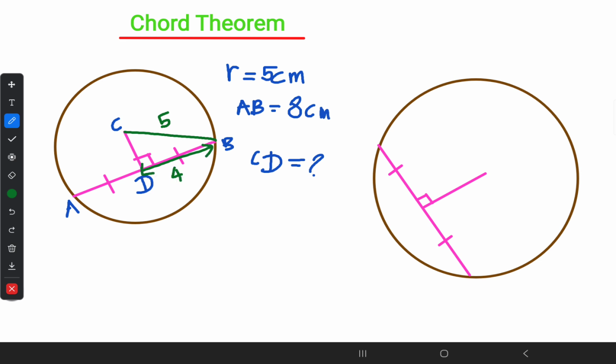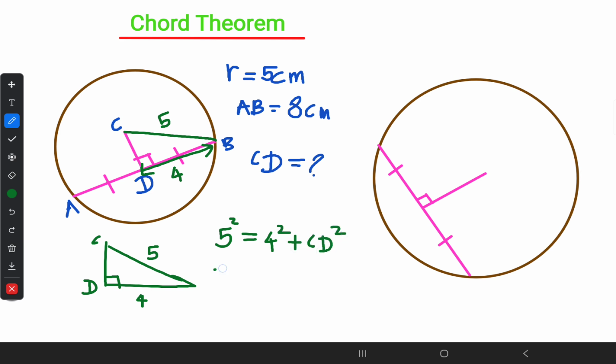Here you can see this triangle. This is 4. The hypotenuse is 5. This CD is the height we need to find. So when we use the Pythagorean relationship here, hypotenuse square, 5 square, equals adjacent square plus opposite square. 5 square is 25. 4 square is 16, plus CD square.